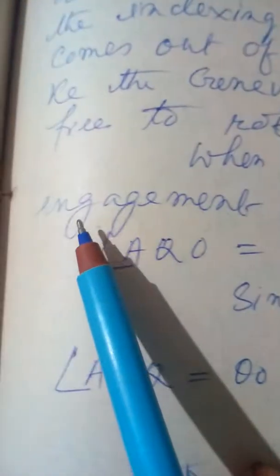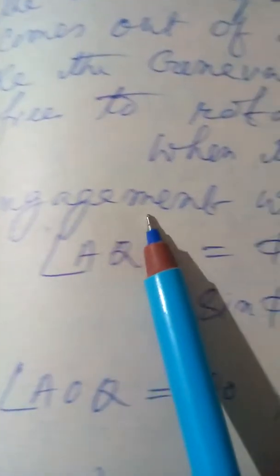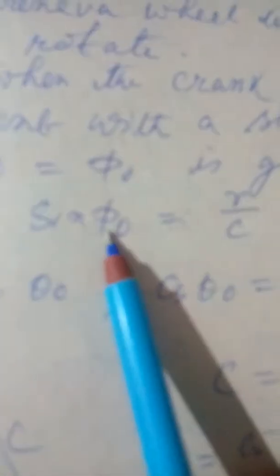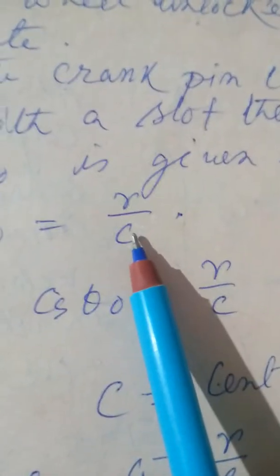When the crank pin comes into engagement with a slot, then the angle AQO equal to phi naught is given by sin phi naught is equal to r by c.